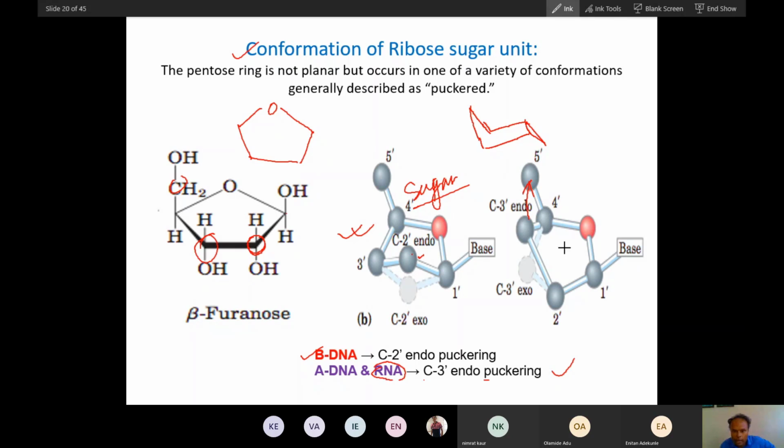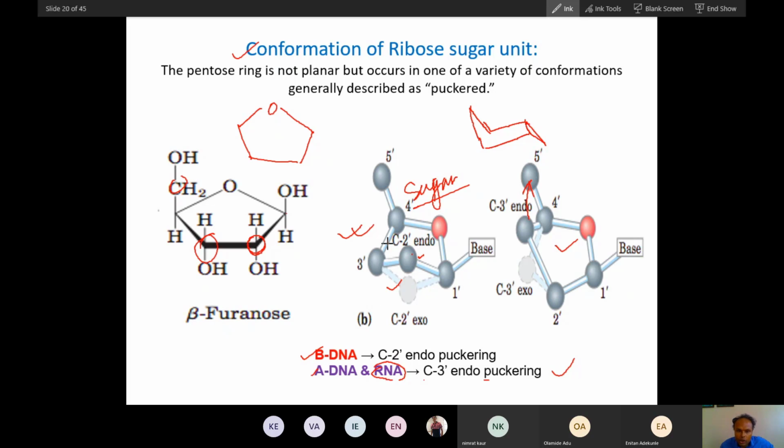RNA has this type of sugar, and DNA has this type of sugar. And A-DNA is a type of DNA that is not actually present in our body. That we will talk about. So just for the time being, remember RNA has C3 puckering and DNA has C2.